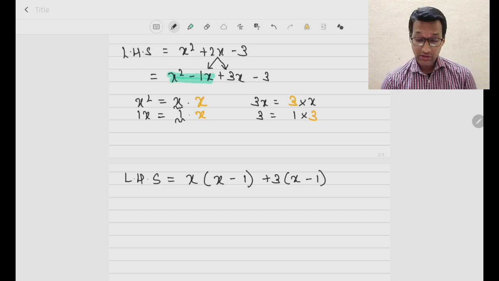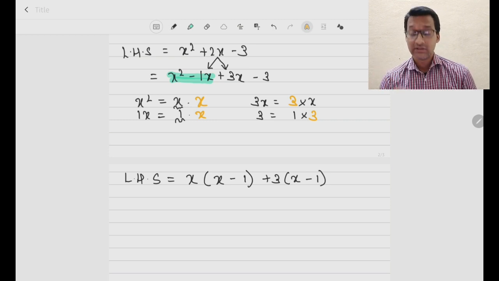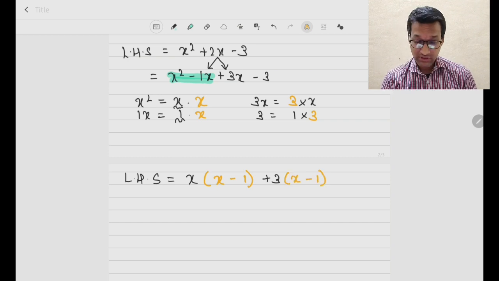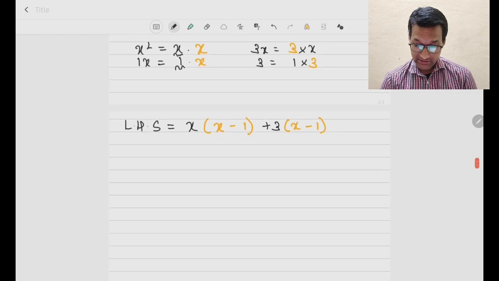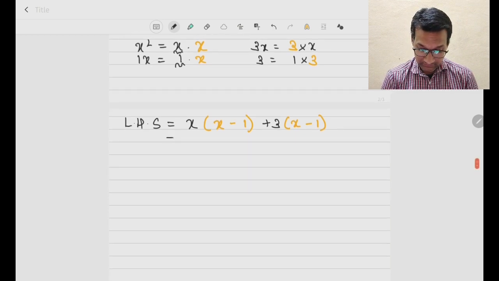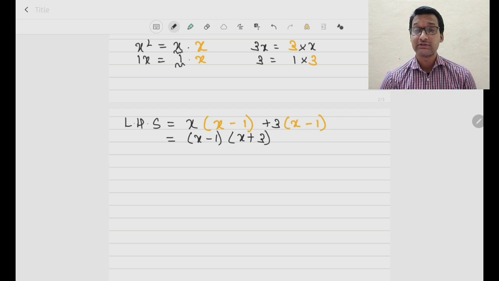Now it is important that you get the same bracket 2 times. Now we can take this x minus 1 as common, and what is left is x plus 3.